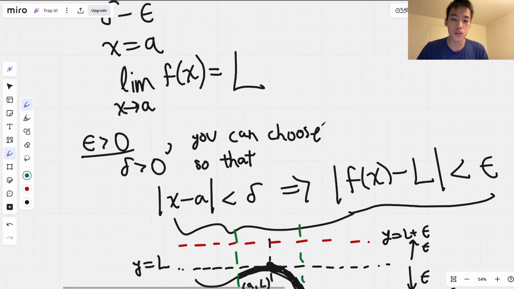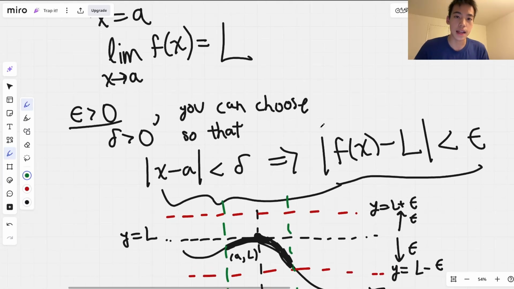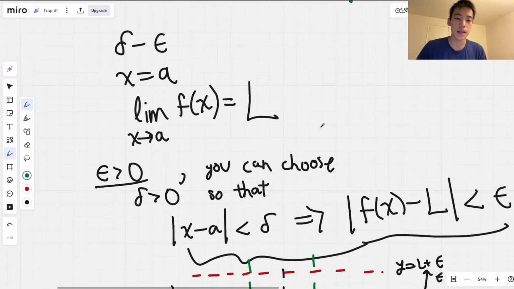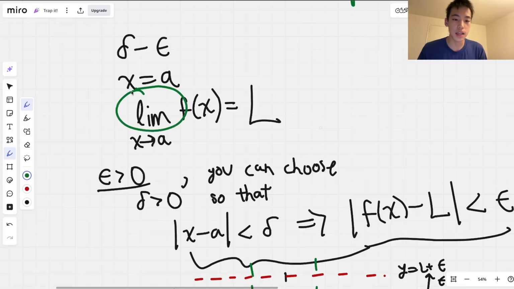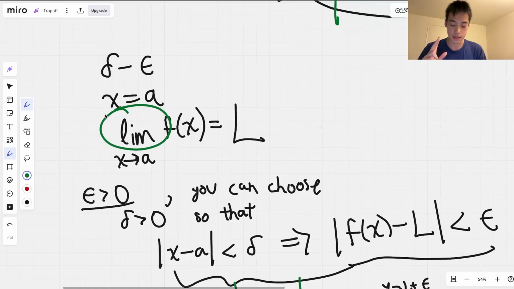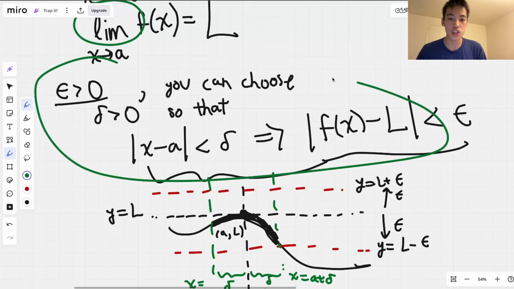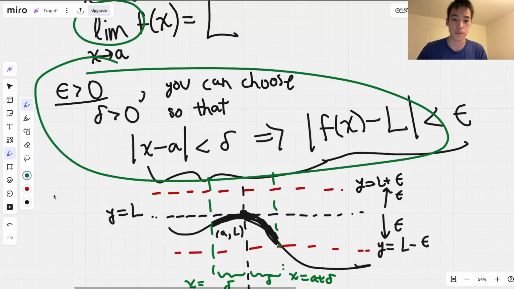The reason why we use this epsilon delta definition is that it defines a limit in a well-defined way. Mathematicians have developed the limit as a value that a function approaches, but to be more precise, this whole definition is what the limit really means.